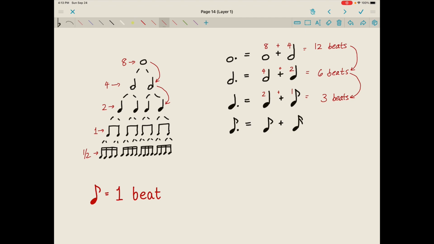And then our eighth note is worth 1 beat plus half a beat for the 16th note, so a total of 1.5 beats. Again, you're seeing the pattern, I'm sure. The dotted quarter note is worth twice as much as a dotted eighth note, just like a quarter note is worth twice as much as an eighth note.